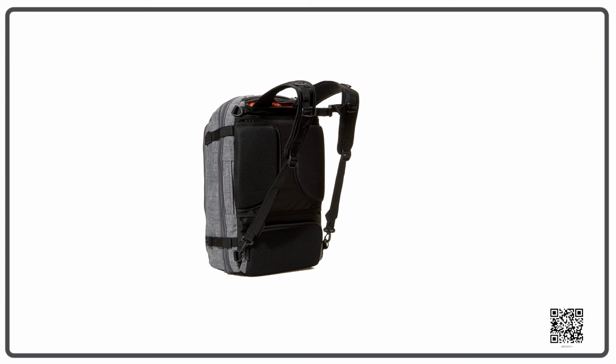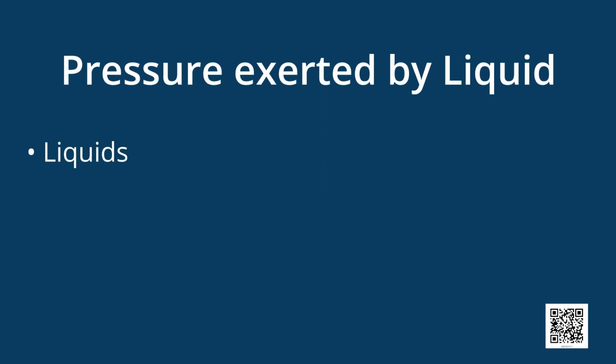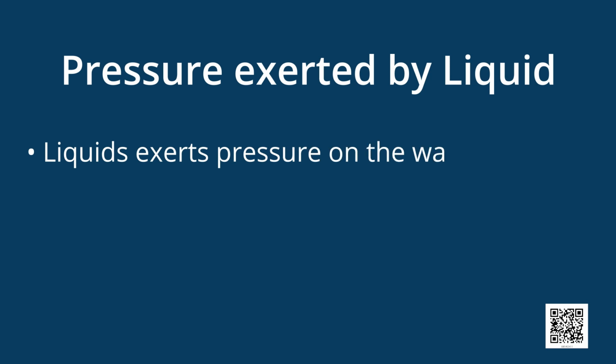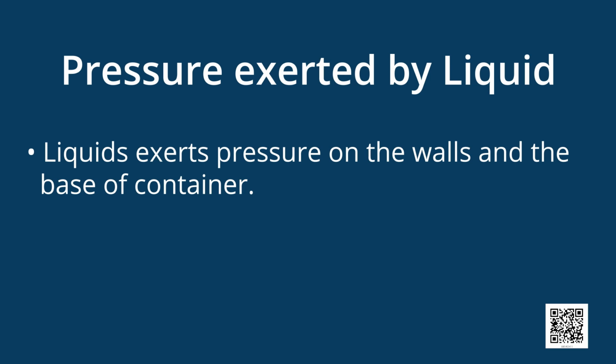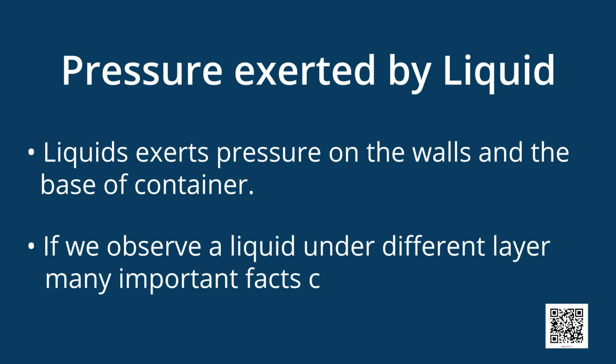Dear students, now let us learn about pressure exerted by liquids. Liquids exert pressure on the walls and the base of the container. If we observe a liquid under different layers, many important facts can be revealed.